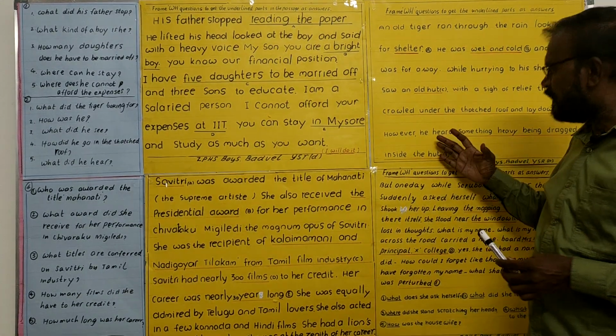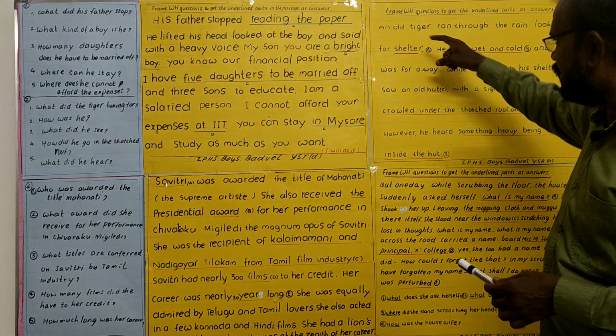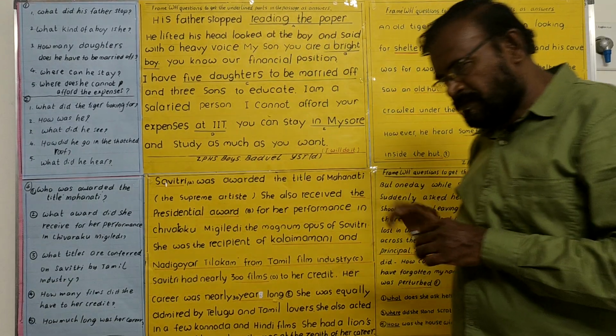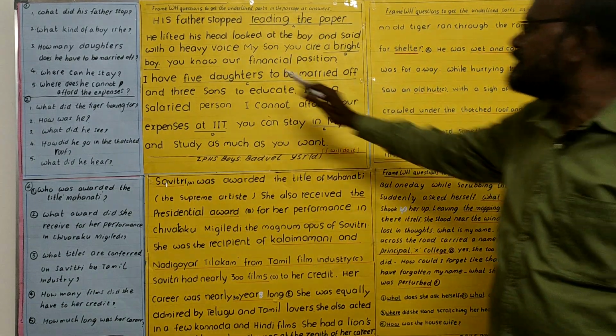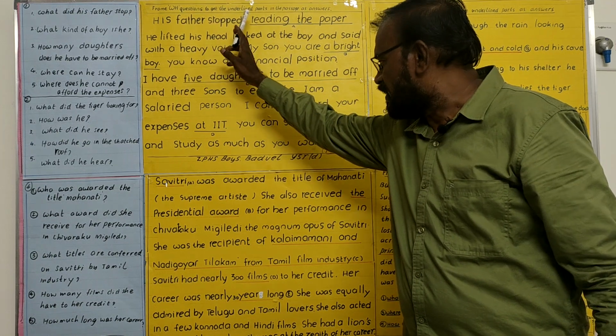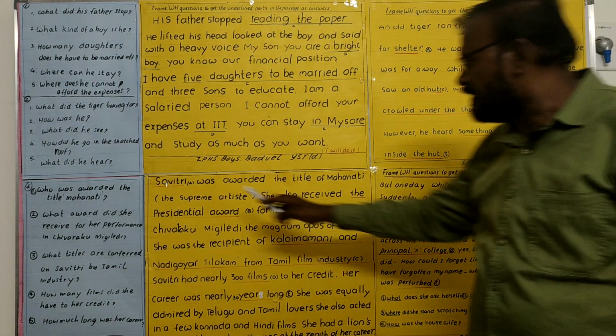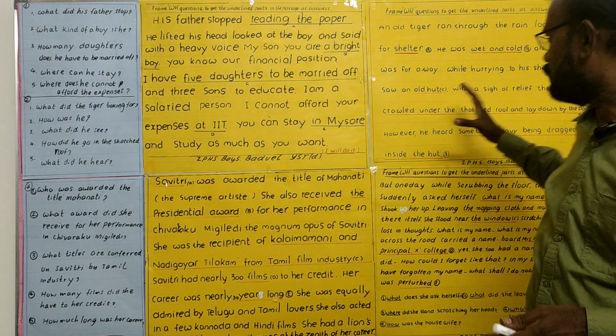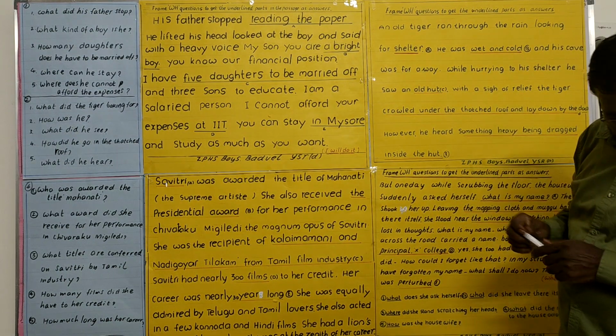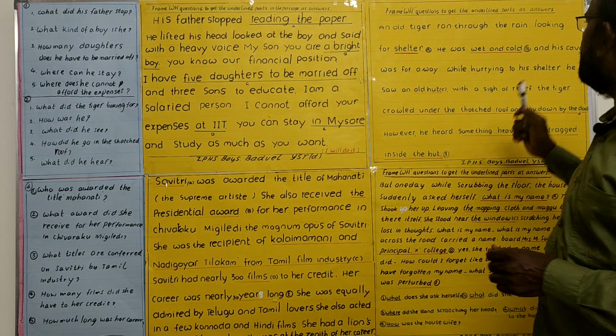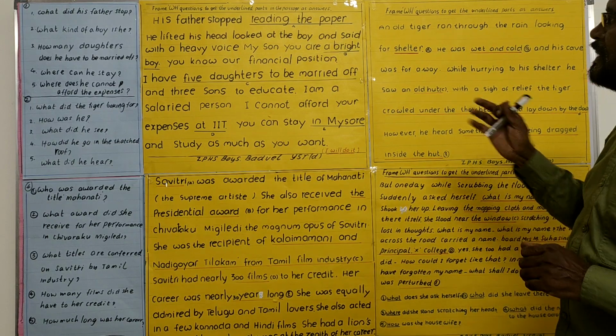Dear students, friends, here I have mentioned 4 paragraphs of different units. They are from the first unit of 10th class, second unit, third unit, and fourth unit. I have selected a paragraph from each unit.